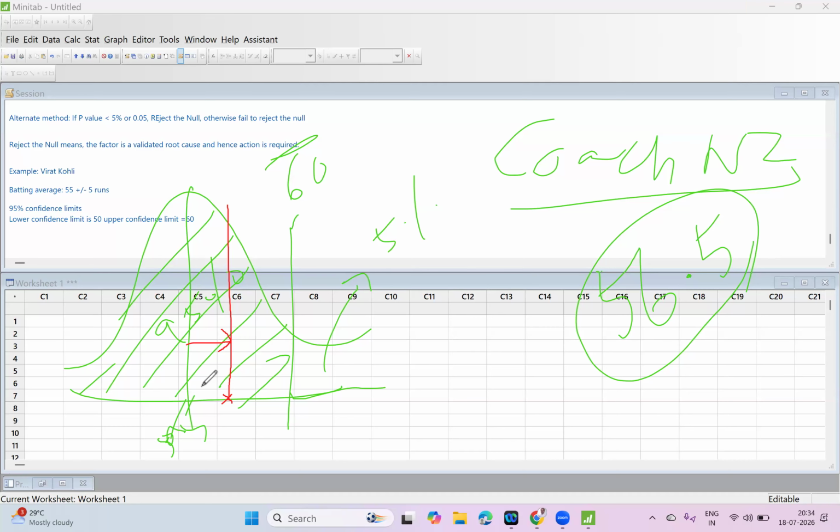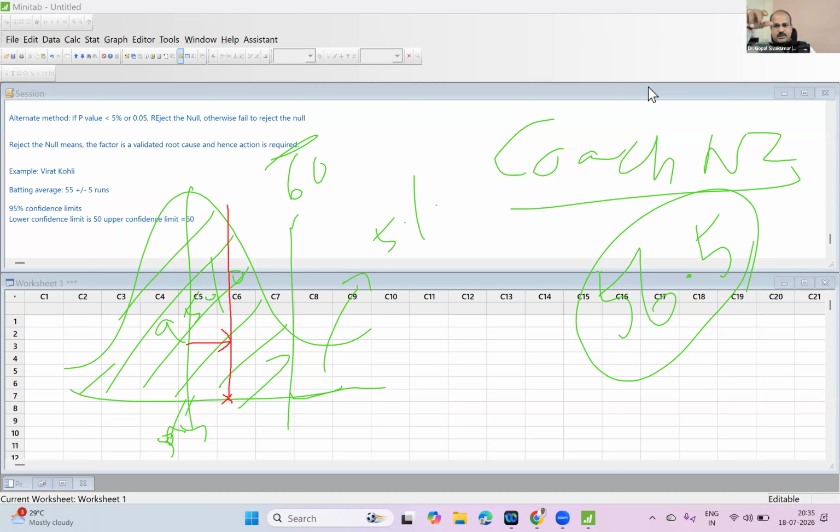Let me just ask one question. Why do we want to give this plus or minus 5 there? The plus or minus 5 is known as the margin of error, because every time Kohli can't get exactly the average of 55.